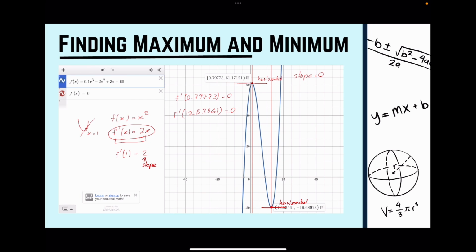We can conclude that f prime of x equal to 0 gives a critical point that is either a maximum, a minimum, or a horizontal tangent.